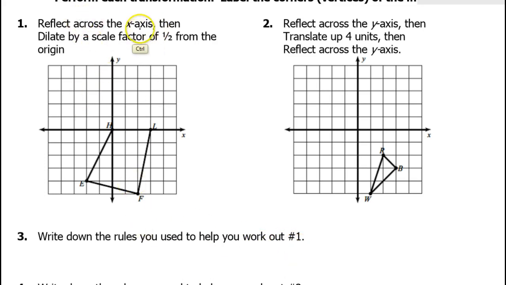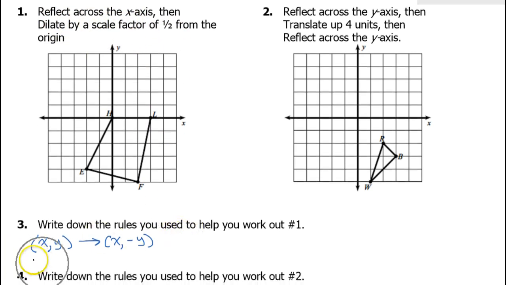So when you do a reflection over the x-axis, the x value stays the same. So the point (x, y) will become (x, -y). Reflection over the x-axis, the x value stays the same, the y changes signs. We need to dilate by a scale factor of 1/2 from the origin.